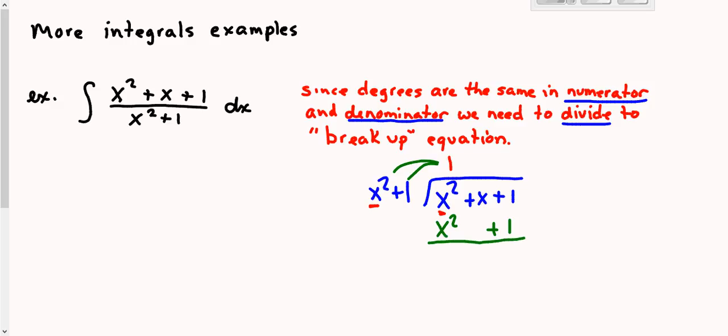So our next step in long dividing is subtracting. So we subtract both of these. So x squared minus x squared cancels. 1 minus 1 cancels. And we have x left over. So we have plus x over what we divided by, so plus x over x squared plus 1.